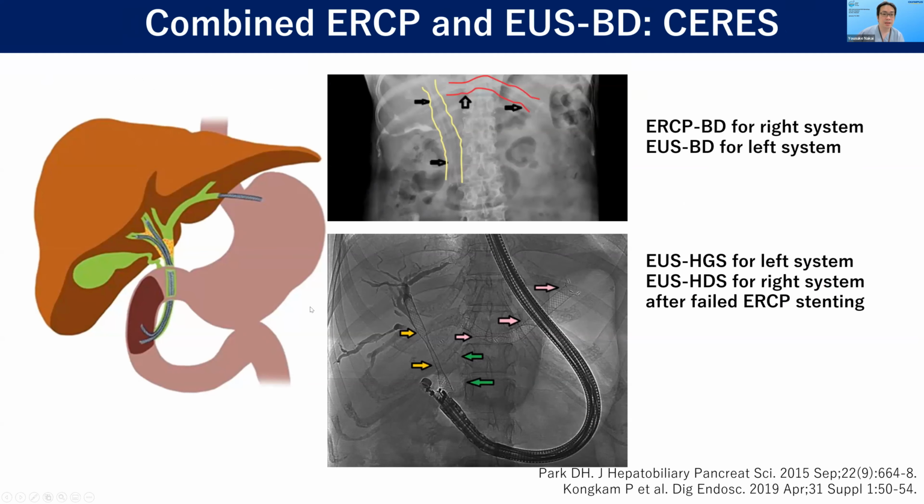And finally, I will talk about the combined ERCP and EUS-guided biliary drainage. We can put a metal stent for right biliary drainage, and then perform EUS-guided hepaticogastrostomy. And if we fail ERCP, then we can also perform hepaticogastrostomy and hepaticoduodenostomy.